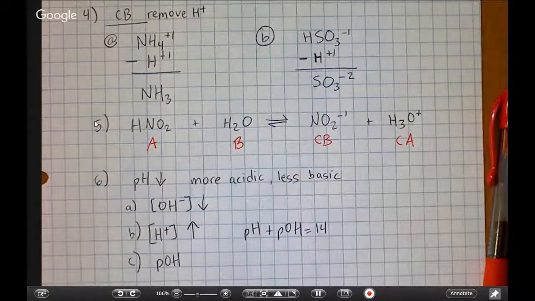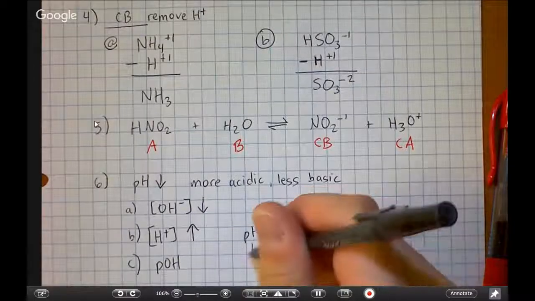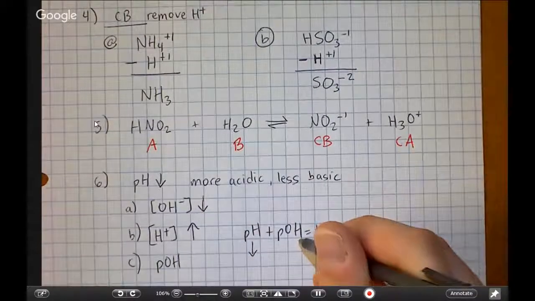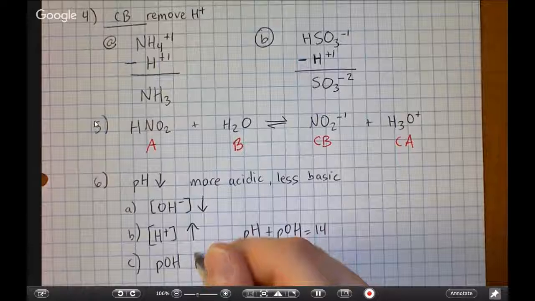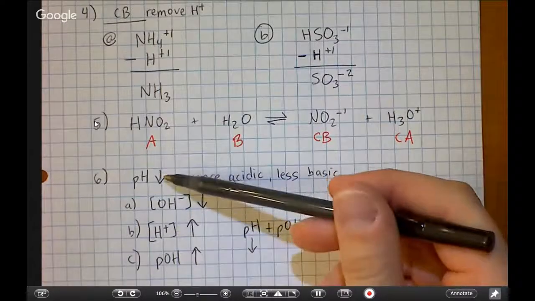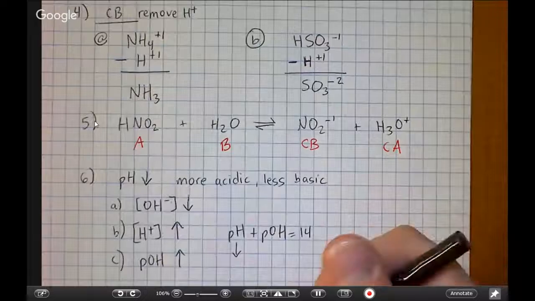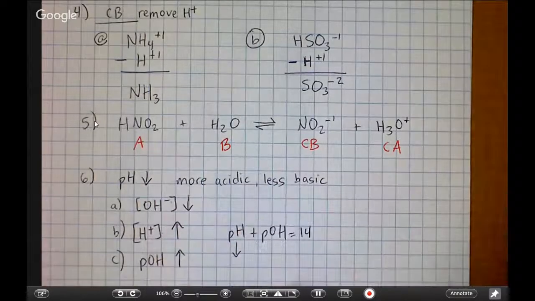That's always at equality. So if the pH here goes down, what happens to pOH? It goes up. And notice that hydroxide concentration and pOH are inverse. It has to do with the fact that mathematically we're doing a negative log.